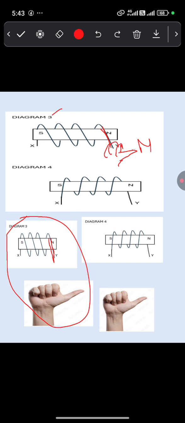In this front wire, your thumb must point in the direction of the north, and then you can see your curled fingers.